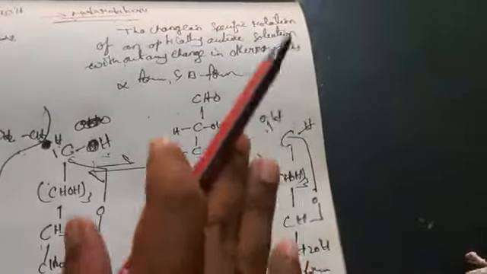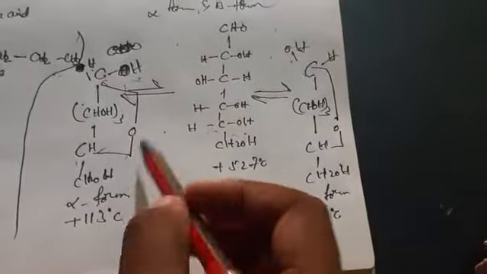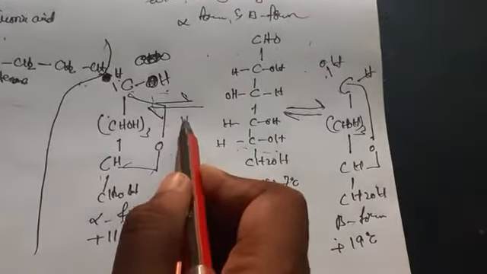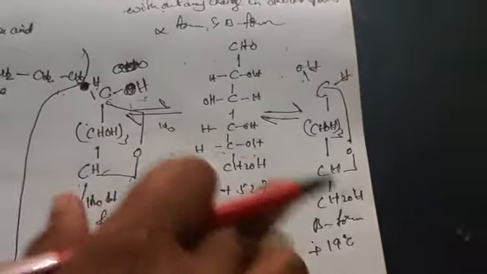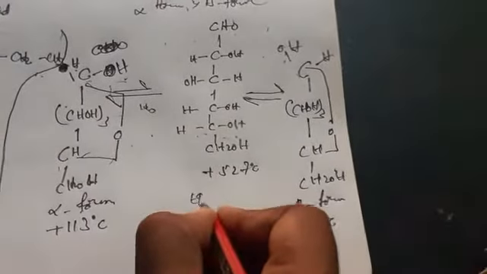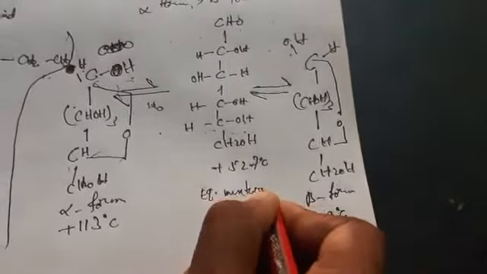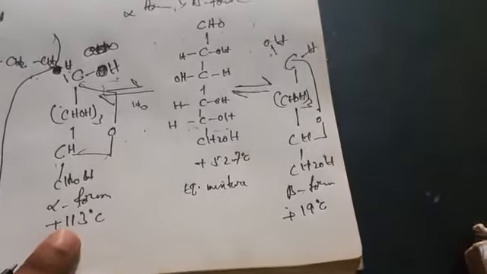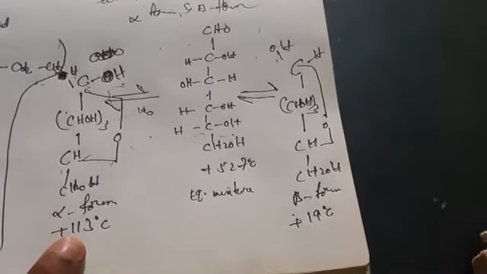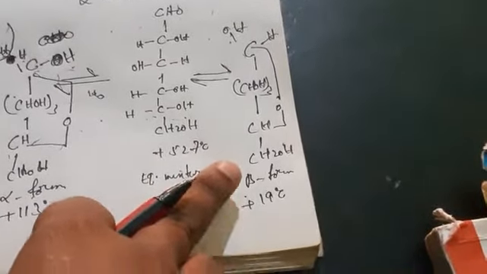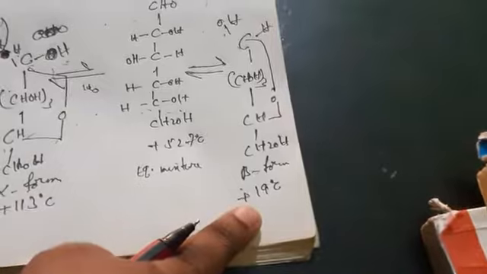So what I have told you is the change in specific rotation values. When I treat this molecule with water, either of these two molecules, this is an equilibrium mixture. When I treat this molecule with water, it forms plus 113 degrees. If I treat the other molecule with water, the specific rotation is plus 19 degrees.